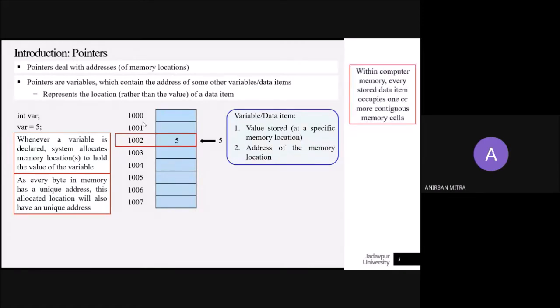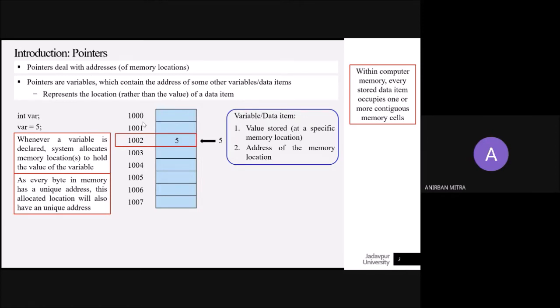So we have this value 5, and it is located at an address of 1002. Now, obviously, you need to consider that this is an integer data type.